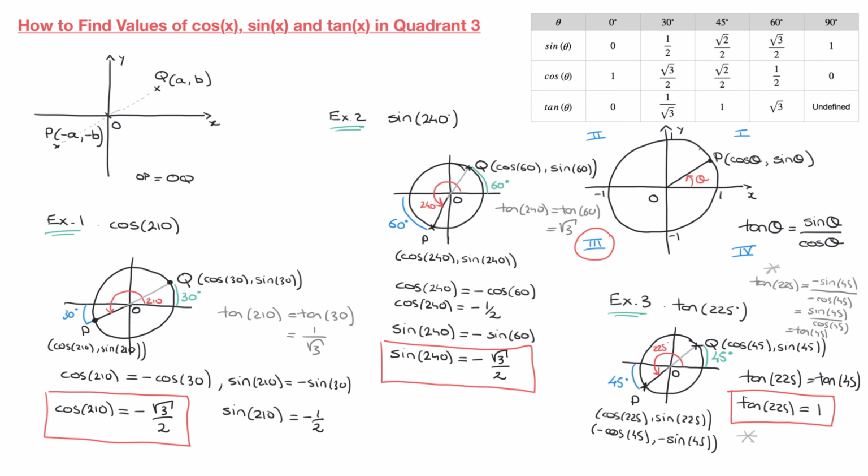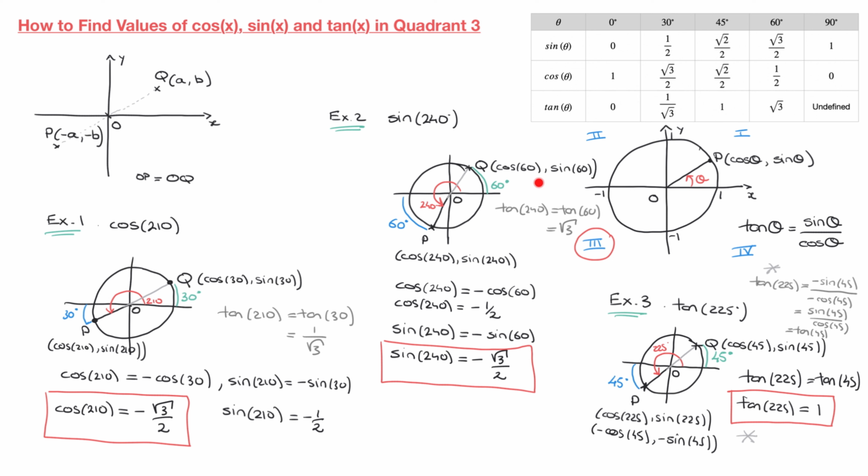An important thing to realize here is that for each and every single one of these examples, the angle that we had been given was 180 more than the angle we ended up with in the first quadrant. Indeed, 210 is equal to 30 plus 180, 240 is equal to 60 plus 180, and last but not least, 225 is equal to 45 plus 180.